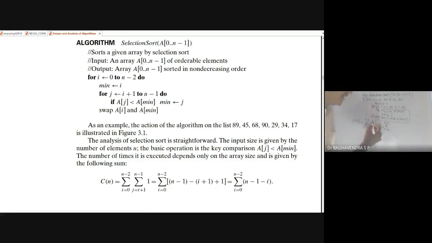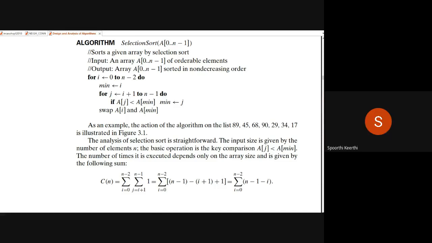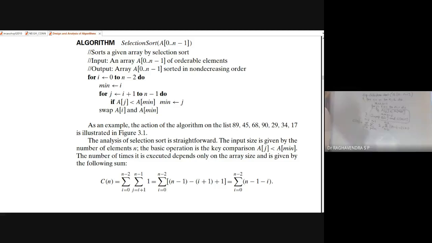So what is the upper bound? n minus 1. Then what is the lower bound? I plus 1. Then the remaining one, so there is another plus 1.